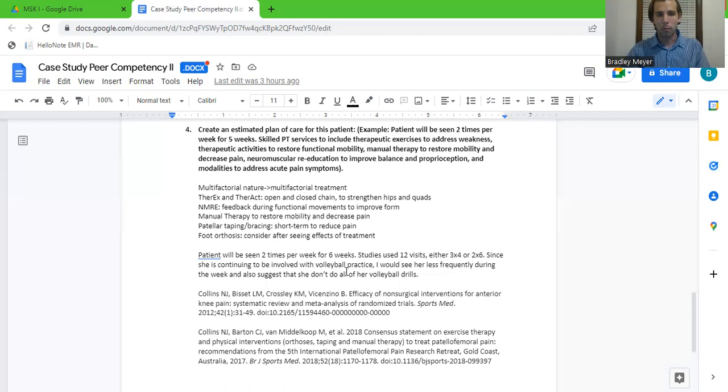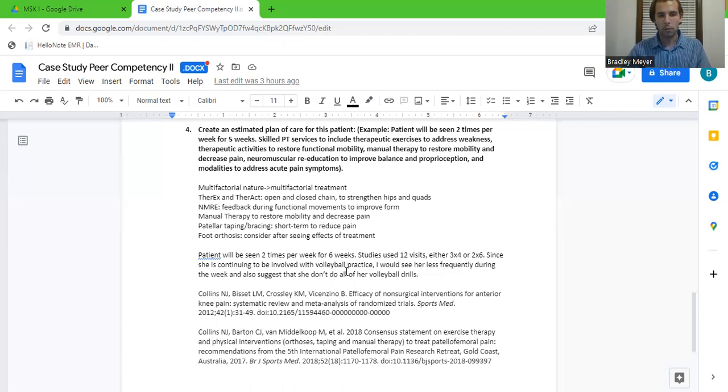Manual therapy. These next two are to address pain. So manual therapy and then patellar taping or bracing. Both aim to decrease pain. Manual therapy would also likely restore some motion if I did find that she's hypomobile with some of my mobility testing.